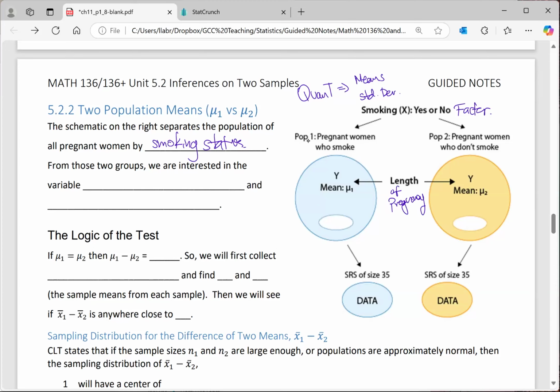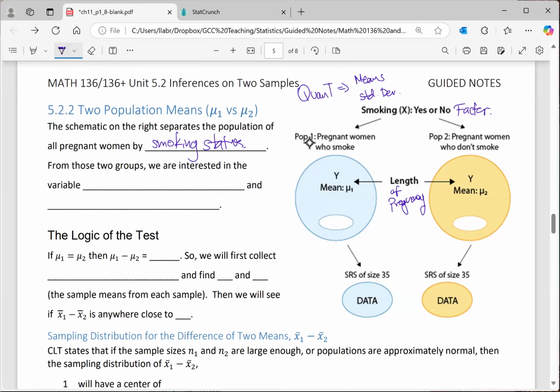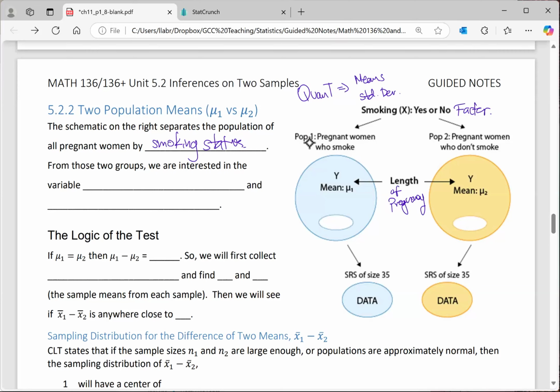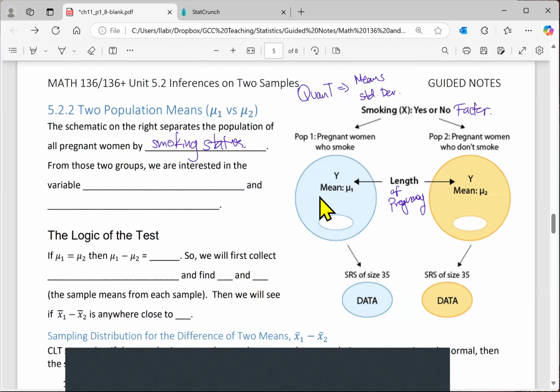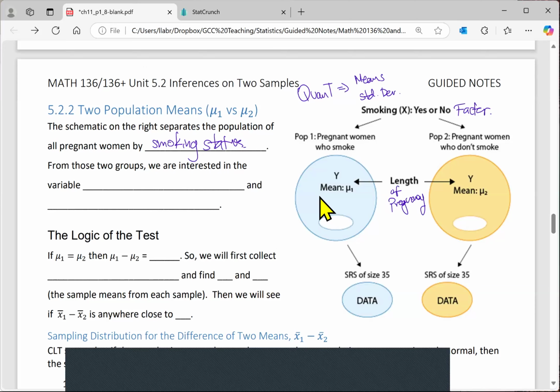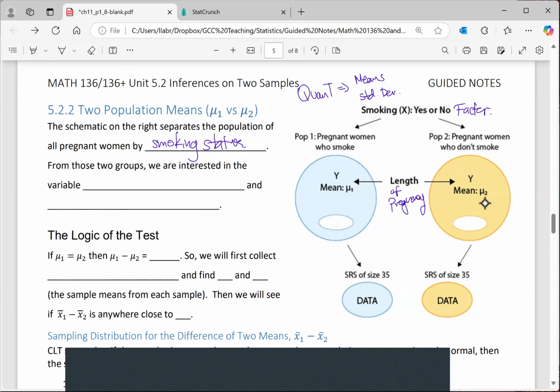So if we were to look at the entire population, we have the blue group, which is all possible pregnant women who smoke. On the right-hand side, we have all pregnant women who don't smoke. So let's go ahead and write out the variables. What are the variables that we're interested in?